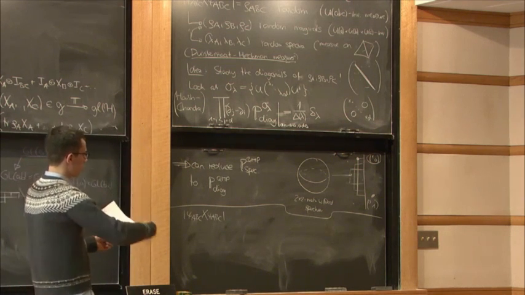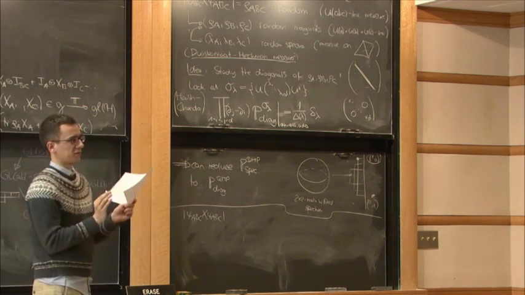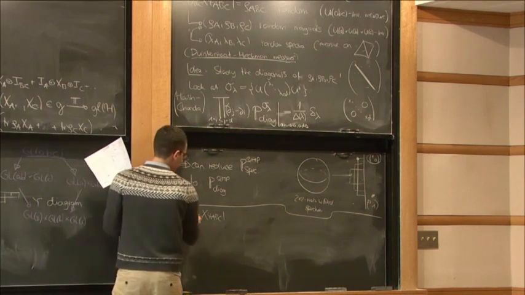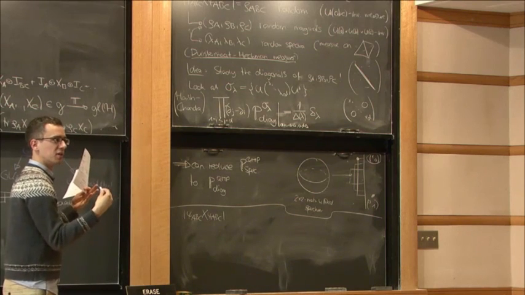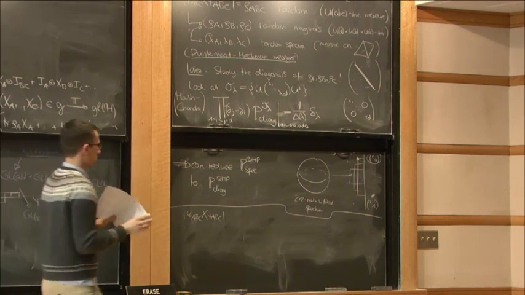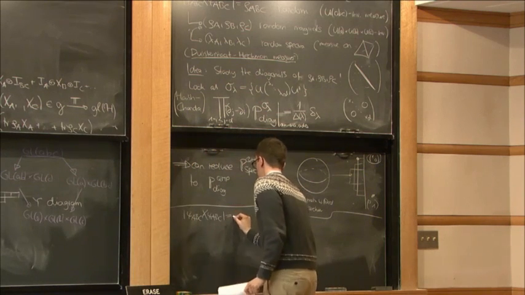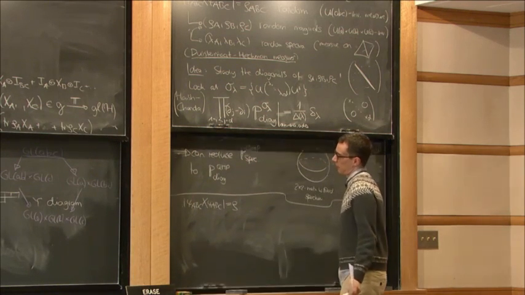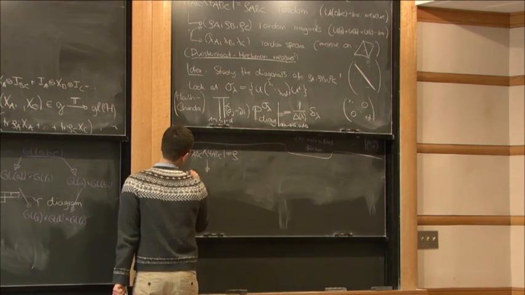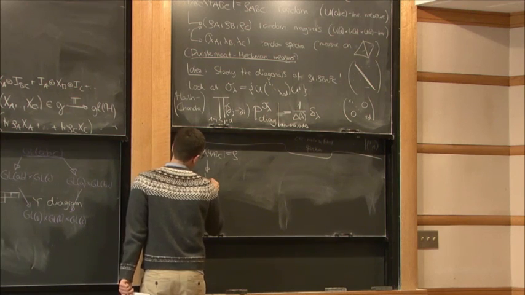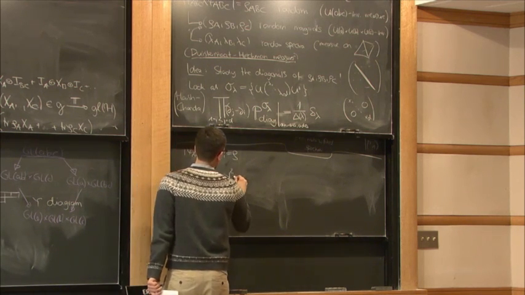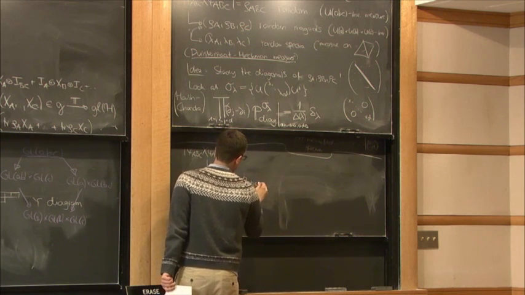I could first compute the reduced density matrix and then look at its diagonals, or I could first look at the diagonals of this global state in the product basis, which is a classical probability distribution, and then take its marginals. So this is what I'm going to write down. This is my rho. What does it mean to look at the diagonal entries? I first look at the diagonal entries in the product basis, which is this PABC.